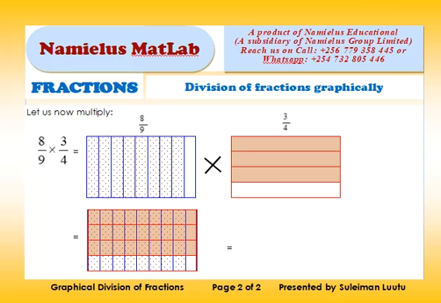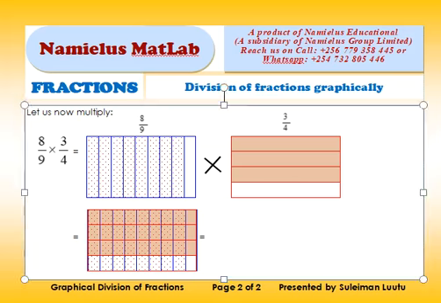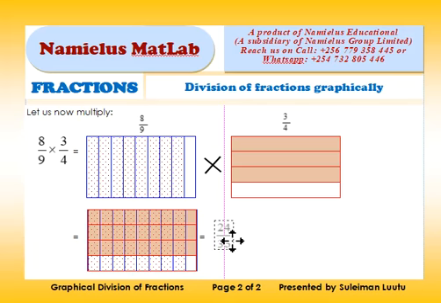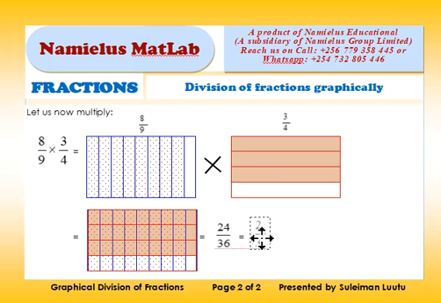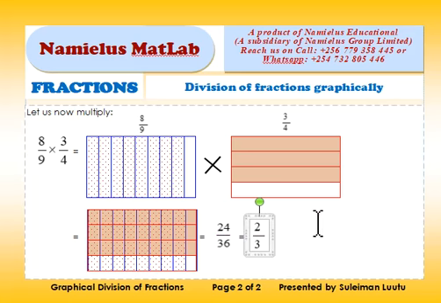So it is 24 out of 36, which we are going to work out and see what we get. 24 out of 36, and when you look at that simplified, if we cancel by 12, we are going to have 2 out of 3. 2 out of 3 as our answer of 8 over 9 divided by 4 over 3. We get 2 over 3.